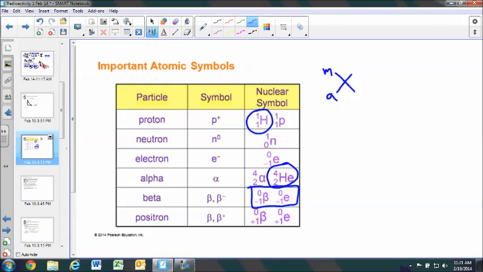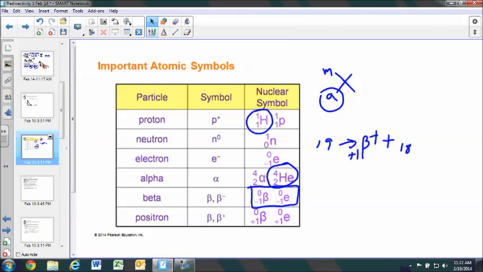So when you have a reaction where the positron is emitted, what is going to happen to your atomic number is that it's going to decrease by 1, right? So let's say that you have an element that is like 19, for instance, and emits a positron here. Then the element that is going to be left is going to be 18, right? Because this positron will have a +1. So this is going to be +1 here, and 18, that gives you 19 in total.